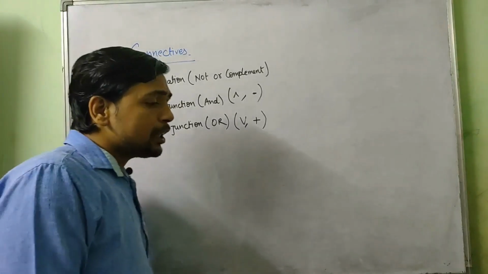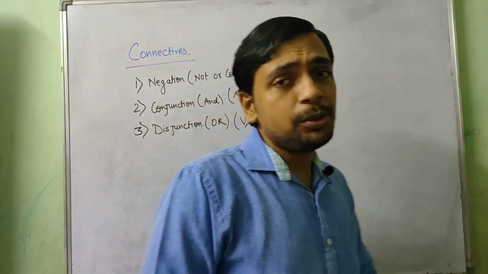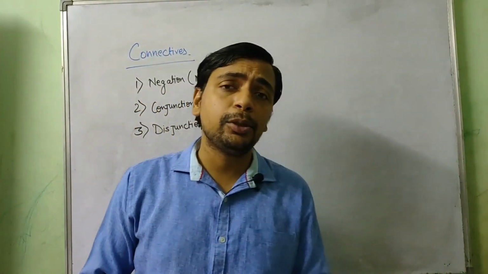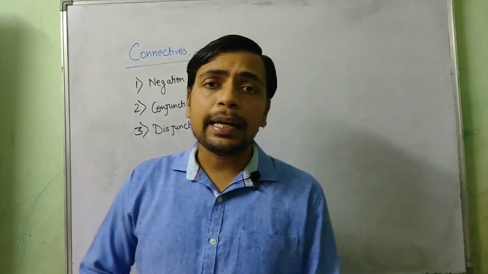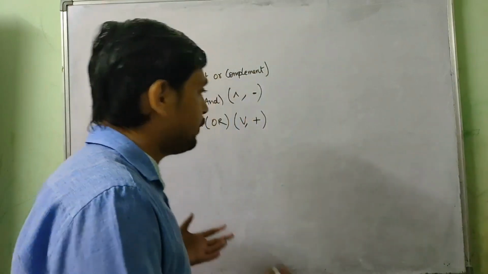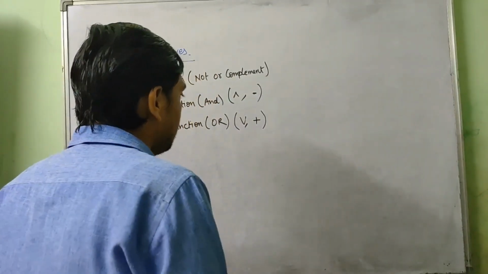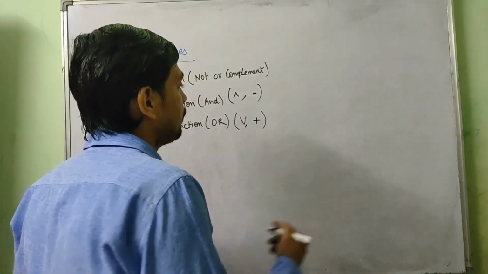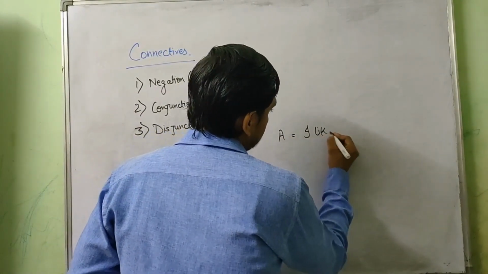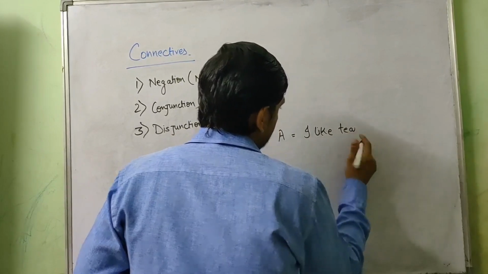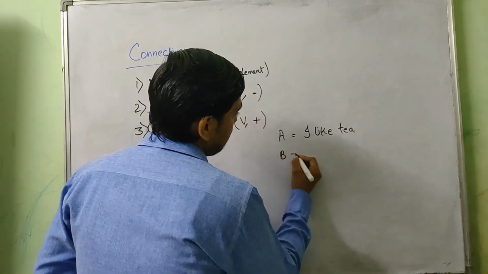The disjunction operation is also used to connect two different propositions and result in a single one. Suppose A is "I like tea" and B is "I like coffee."